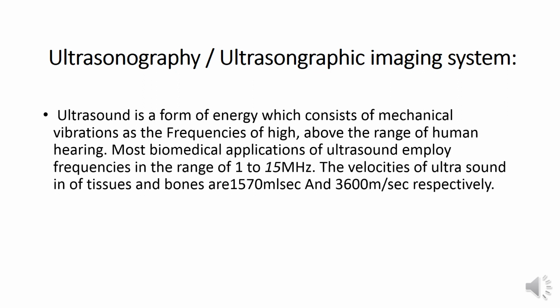In most biomedical applications, the ultrasound employs frequencies in the range of 1 to 15 megahertz. Based on the velocities of ultrasound in tissues and bones, it ranges from 1570 meters per second to 3600 meters per second.